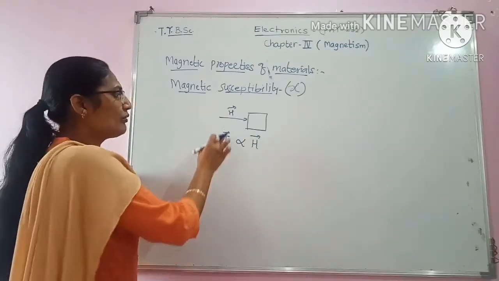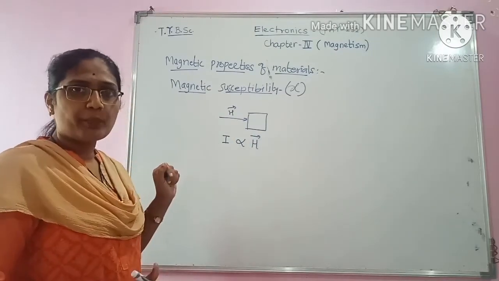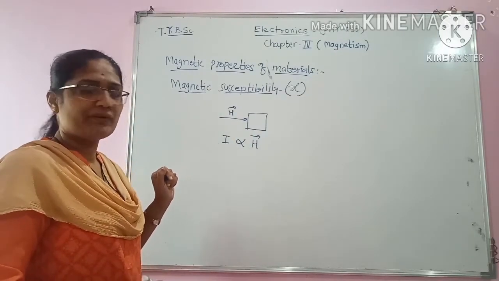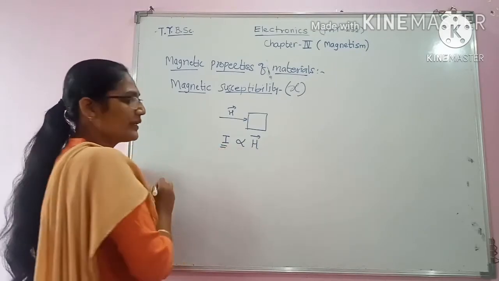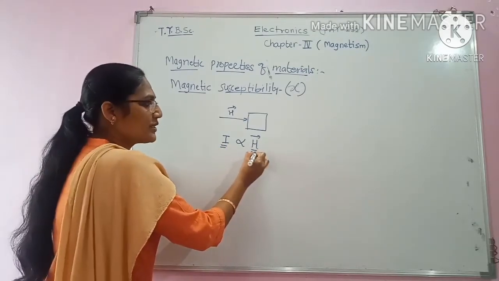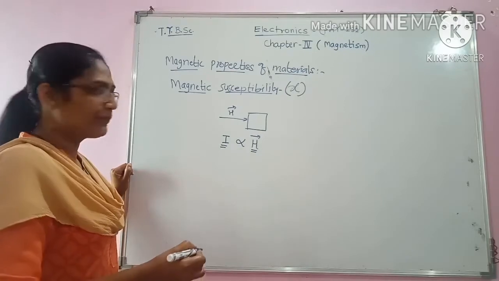That is, intensity of magnetism is directly proportional to applied magnetic field, where I is the intensity of magnetism and H is the applied magnetic field.